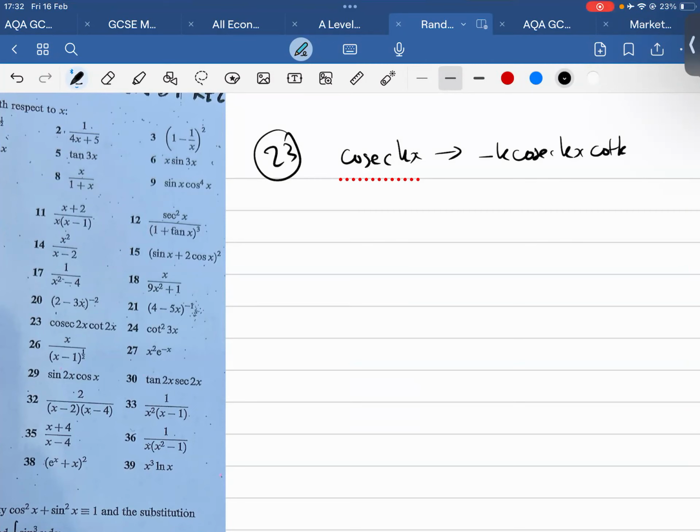So then in this case, the answer will just be minus 1 over 2 cosec 2x plus c.